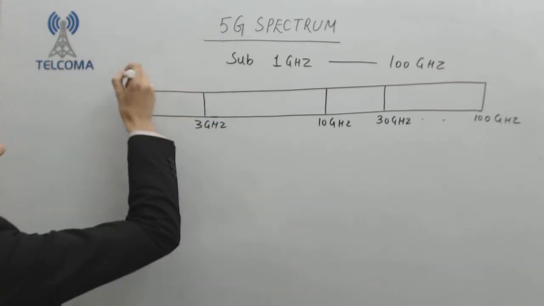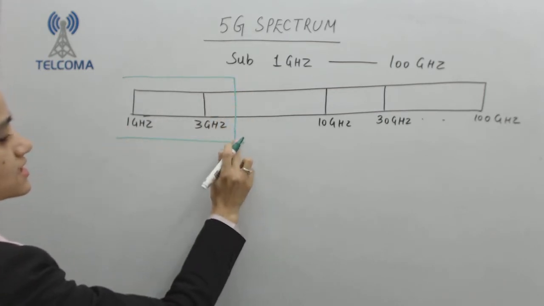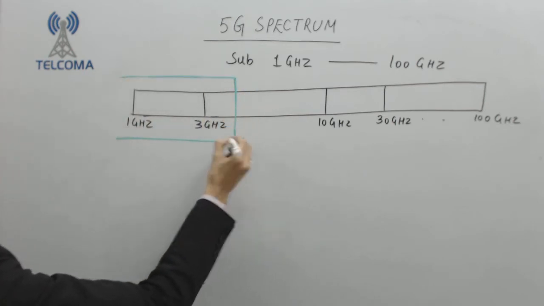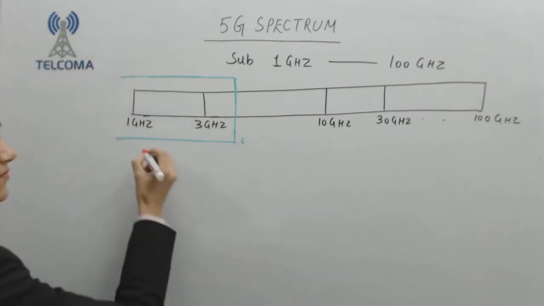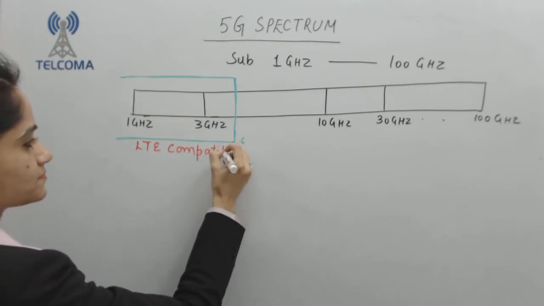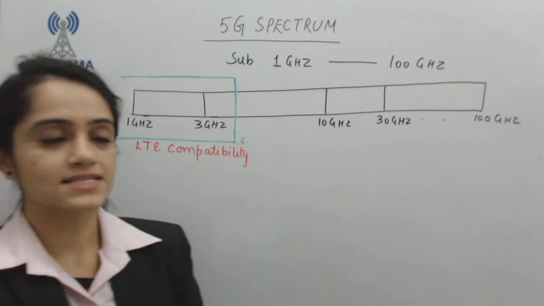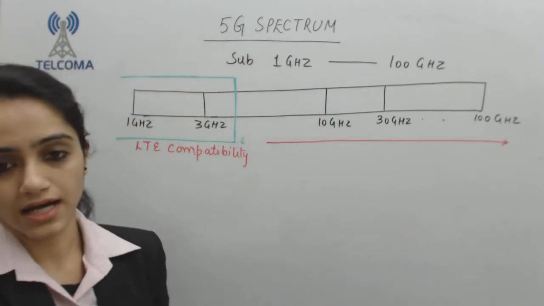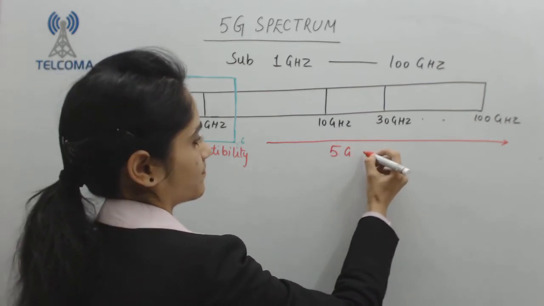Now up to 6 gigahertz, this is a band which is LTE compatible. So up to this we have LTE compatibility. From that we can say that this particular band, extending up to 100 gigahertz, can be used for 5G access.